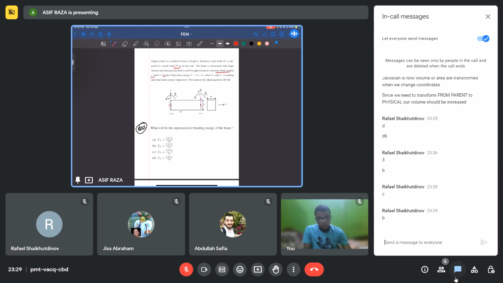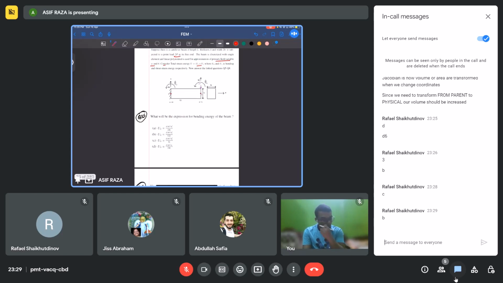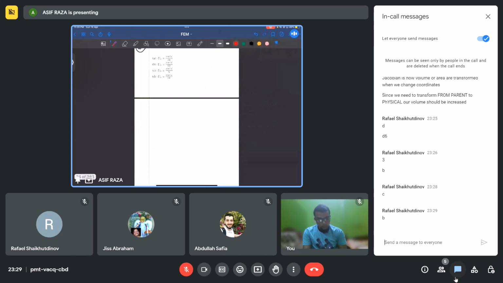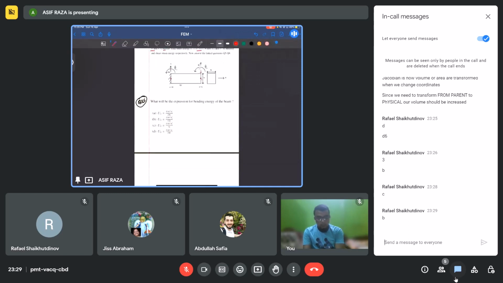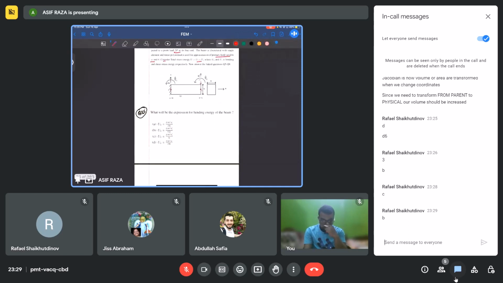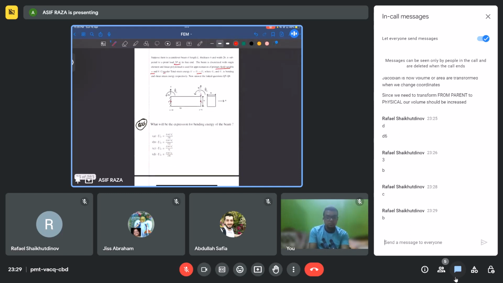Consider total strain energy as UB plus US, where UB and US are bending and shear strain energy respectively. What will be the expression for bending energy is the first question. Rather than solving specifically, we can first write the total strain energy and then write the potential energy.